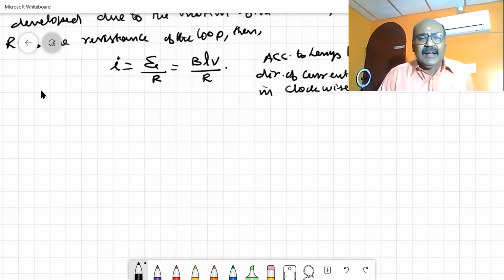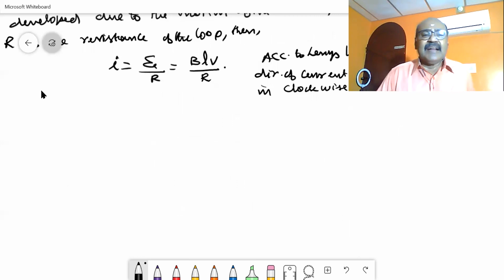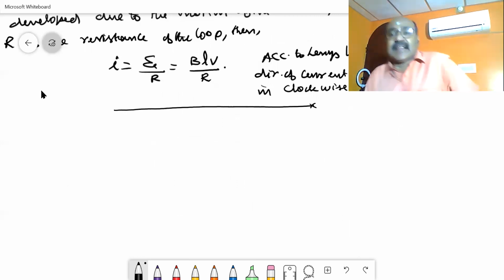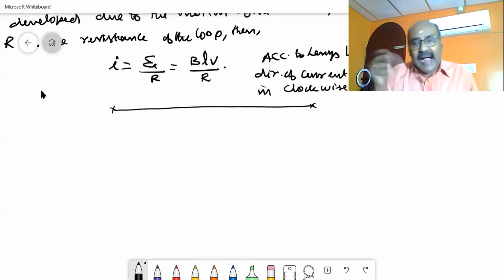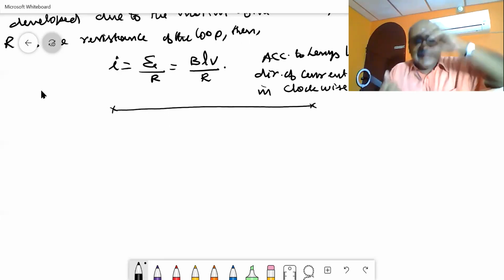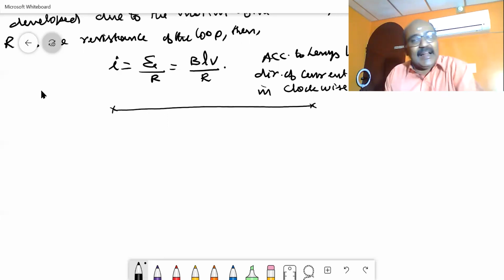Okay. See, in this part we have a second one. What does that second one mean? We have to prove the energy in pulling the loop and the energy that is developed, that is the electrical energy. Pulling the loop is mechanical energy. That mechanical energy is converted into electrical energy.